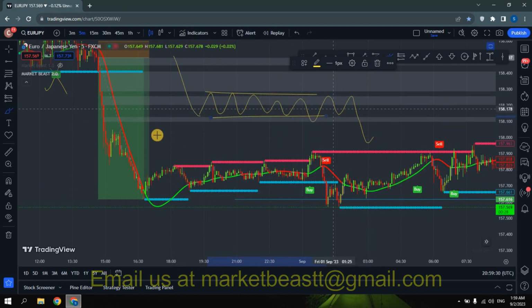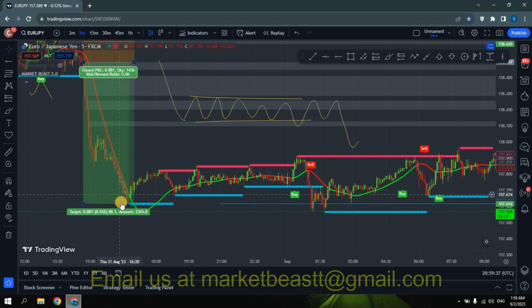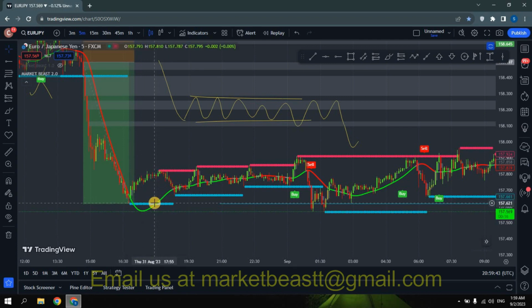How can we do that? Let me draw something. So here it was our clear downtrend, and here the market goes in a so narrow band. Look at this.